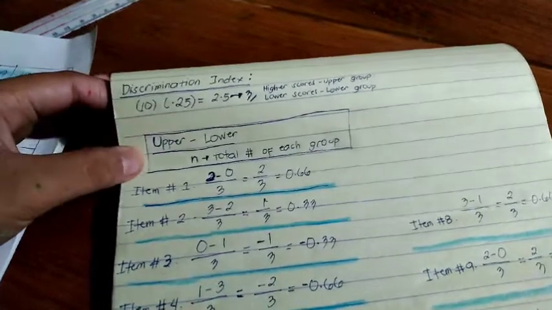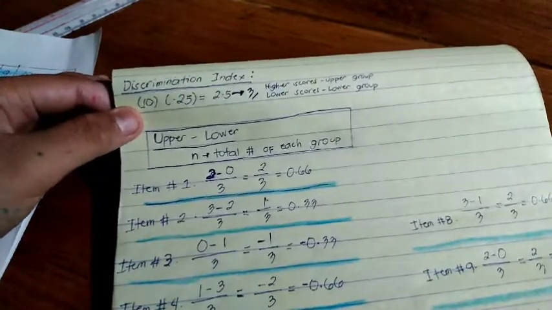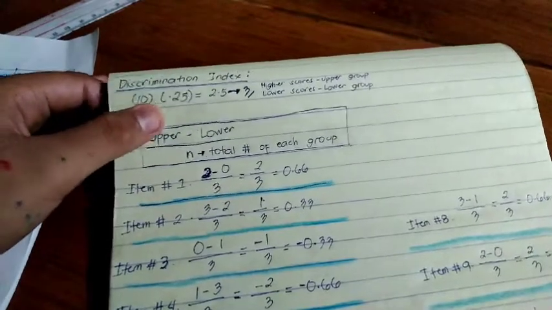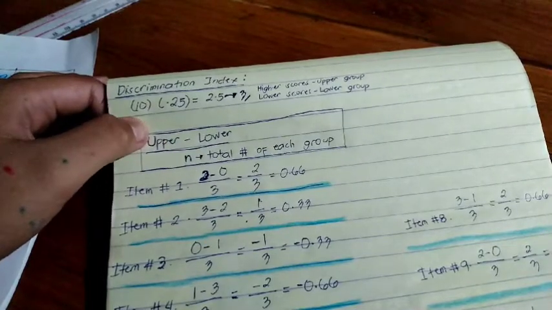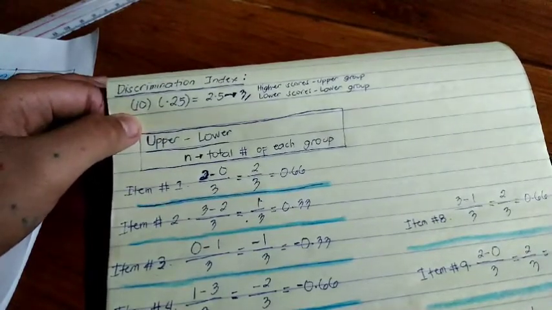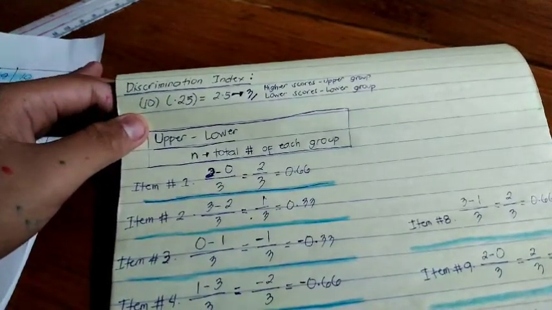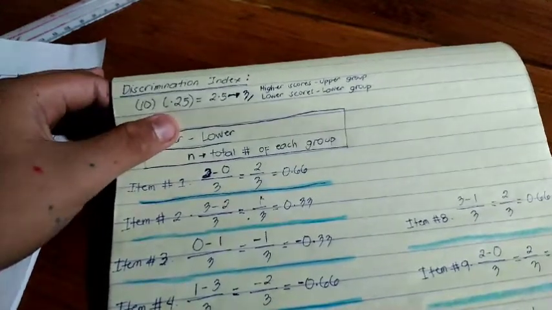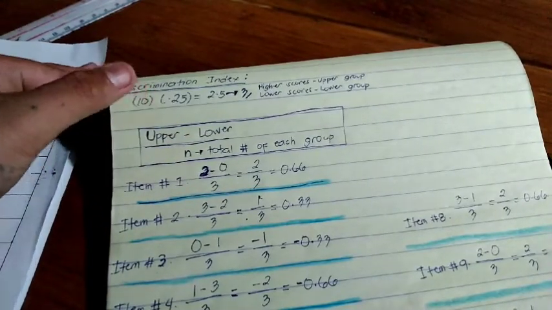I already put the answers here, and I will just explain. 10 times 0.25: in this part, we take 25% of the whole population. 10 corresponds to the respondents who answered the multiple choice questions. 10 times 0.25 or 25% is equal to 2.5.